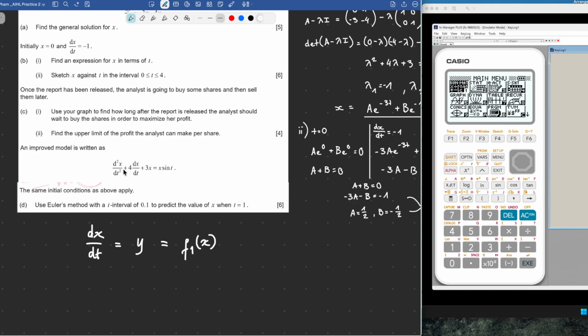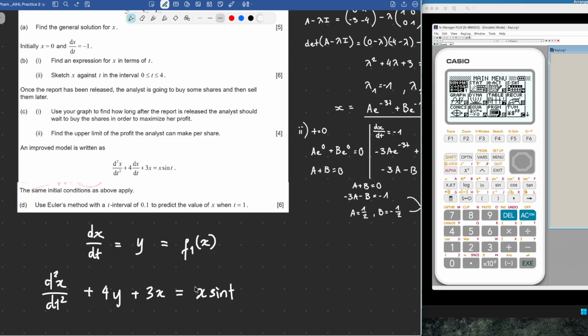So the new equation is d squared x over dt squared plus 4 times dx over dt, which is y, plus 3x equals x times sine t.